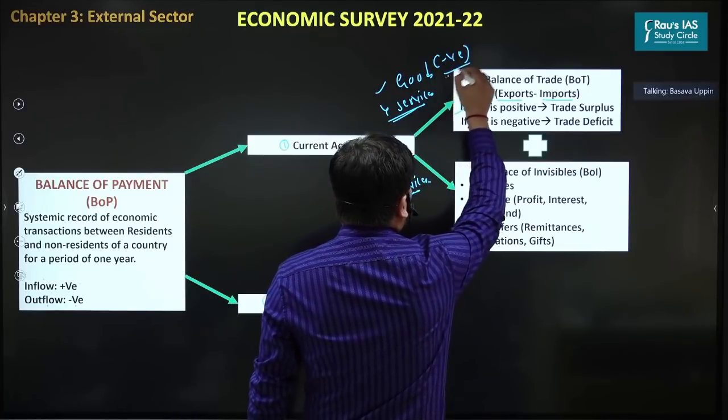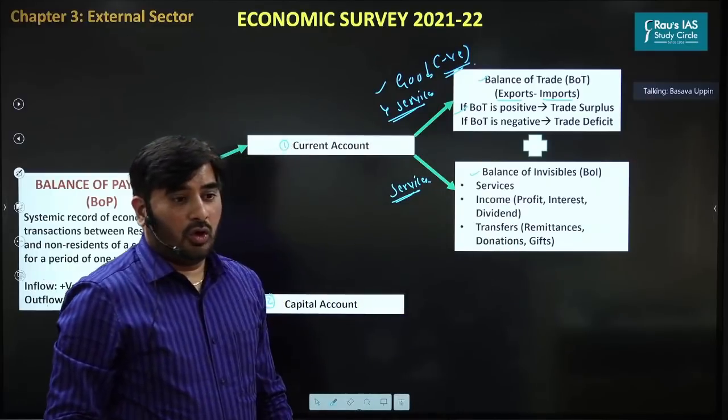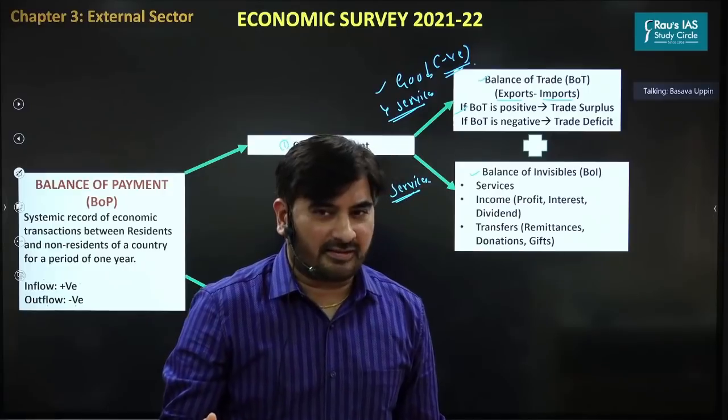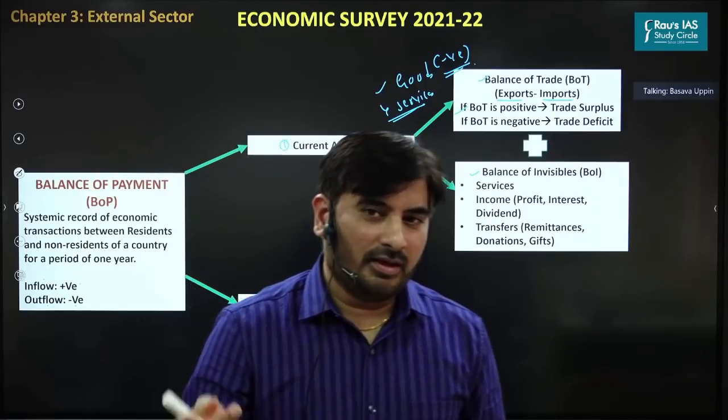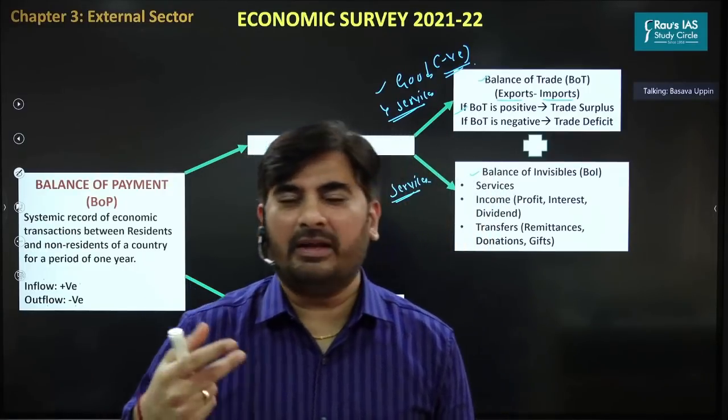Only 3 to 4 years since 1947, the balance of trade for India has been positive.